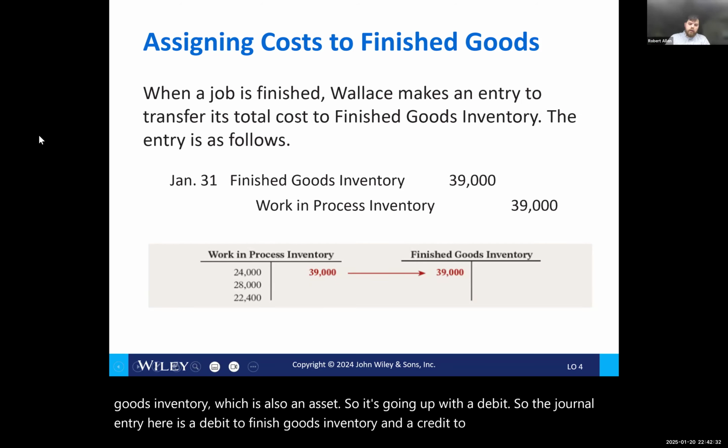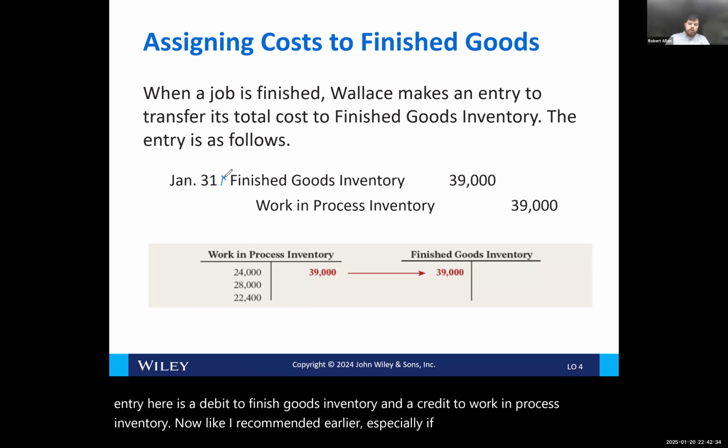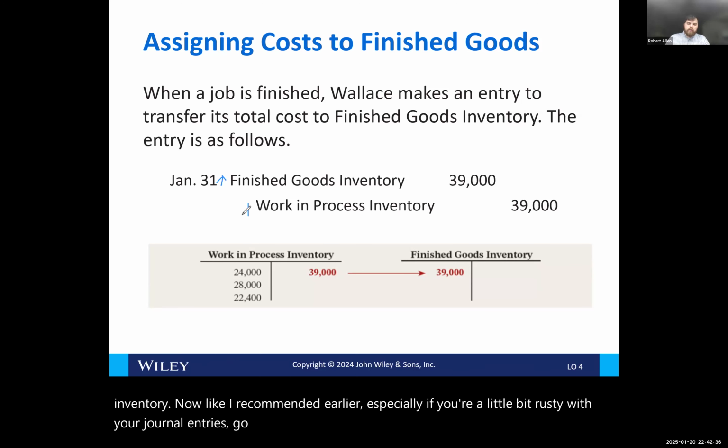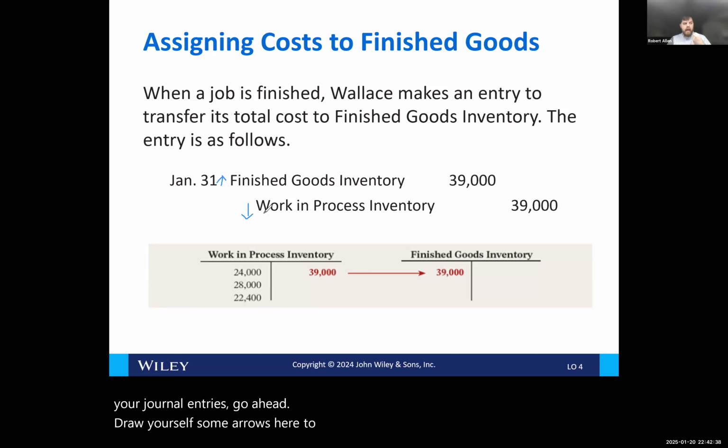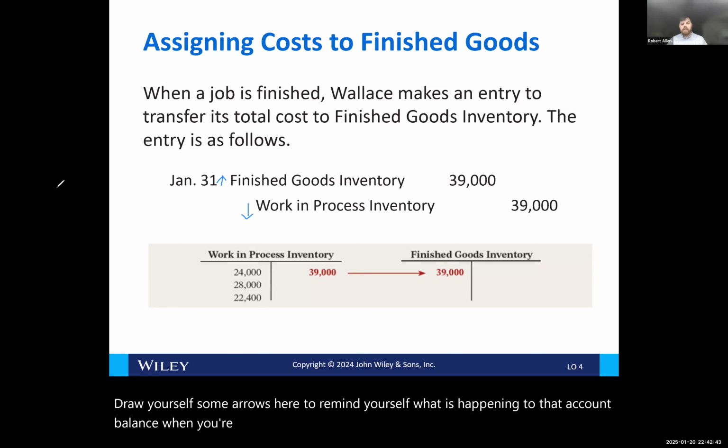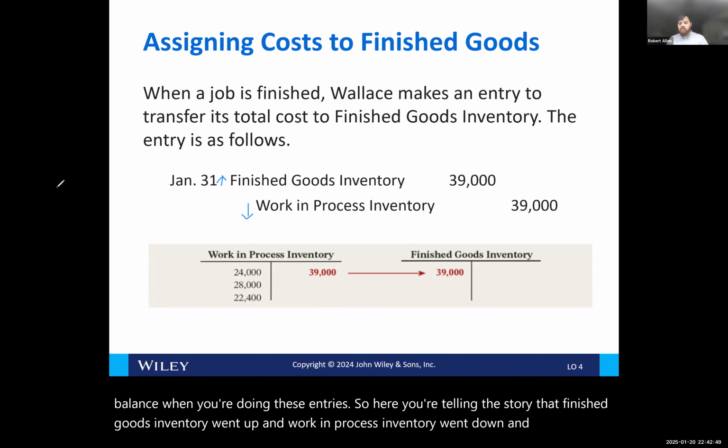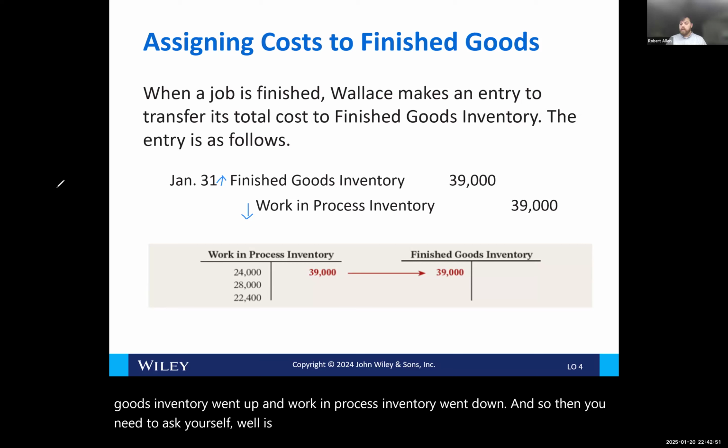Now, like I recommended earlier, especially if you're a little bit rusty with your journal entries, go ahead, draw yourself some arrows here to remind yourself what is happening to that account balance when you're doing these entries. So here you're telling the story that finished goods inventory went up and work in process inventory went down. And so then you need to ask yourself, well, is that the story I want to tell?